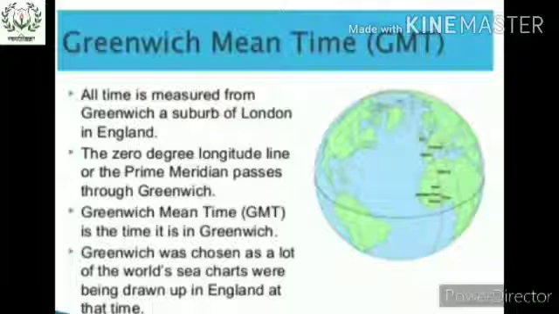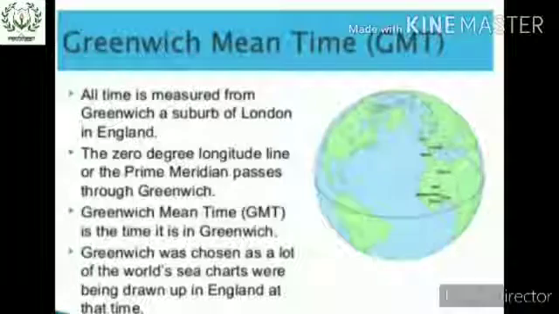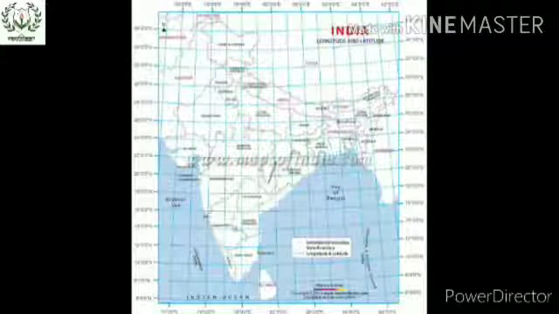A country may have many longitudes passing through it. Hence, different places may have different time within the country. Thus, every country chooses a longitude that passes through its center, and the time at that longitude is taken as the standard time of the country.